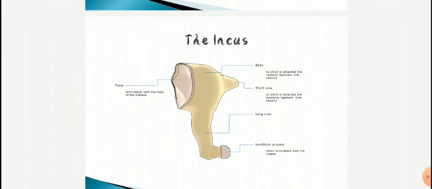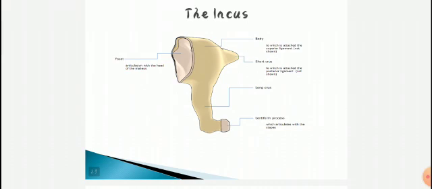Now you are seeing the incus. The incus is attached with the head of the malleus, and there is a facet. The main part is the body of the incus, to which the superior ligament is attached, which is not shown in this figure.